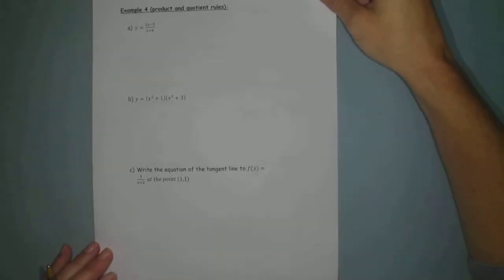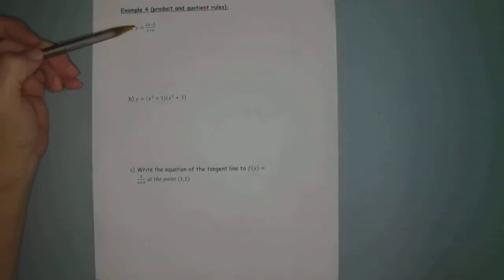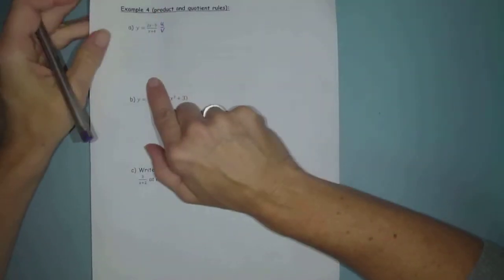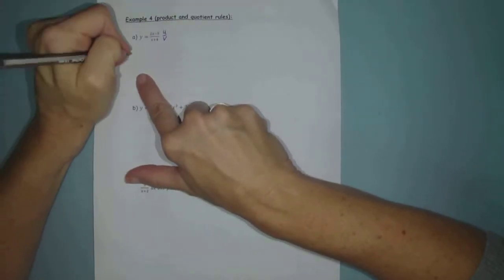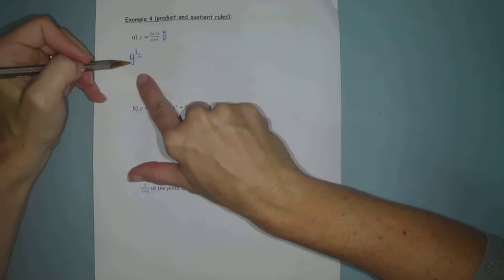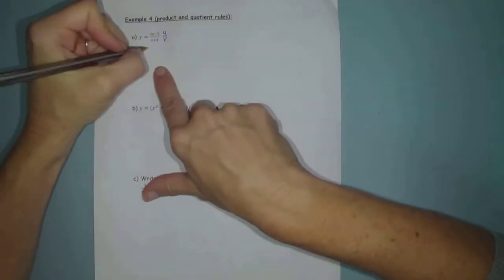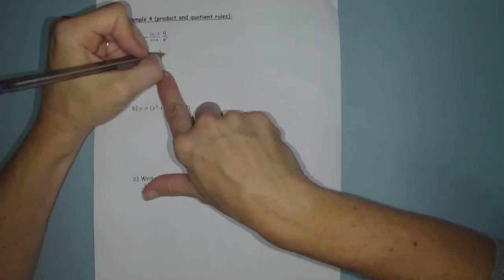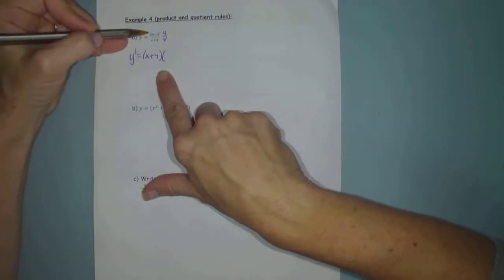So letter A says, find the derivative of y equals (2x minus 5) over (x plus 4). So top is the u, bottom is the v. And you know me, I like to do the words. So the derivative is the denominator, so x plus 4, times the derivative of the numerator.